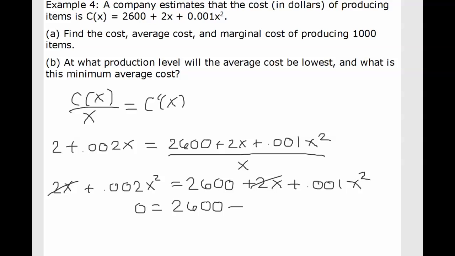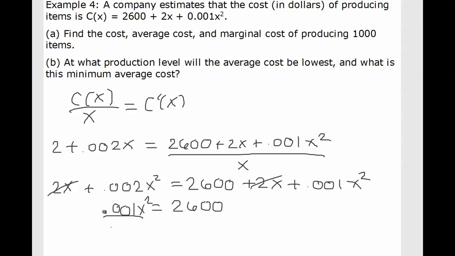And actually, if you wanted, you could even set it up now as a square root problem. Because what you're eventually going to do, so maybe instead of moving over the 2,600, I'm going to subtract over the 0.01 so that I can square root both sides.